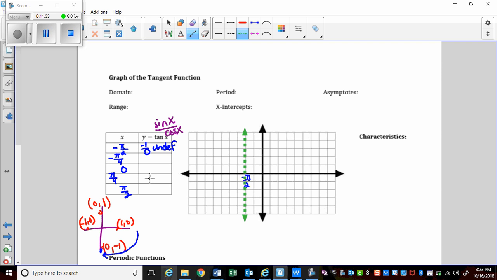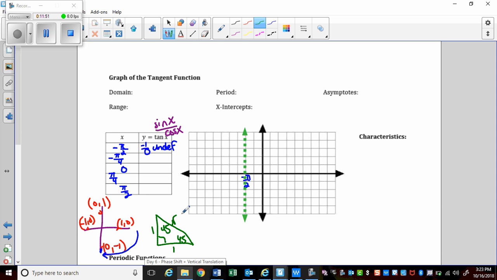Okay, now let's do pi over 4. Pi over 4, my reference angle is 45 degrees, so I need to know my 45-degree triangle. And my ratios are 1, 1, square root of 2.